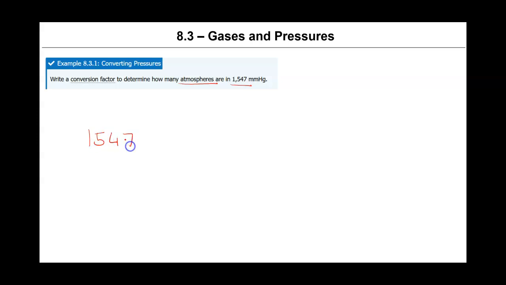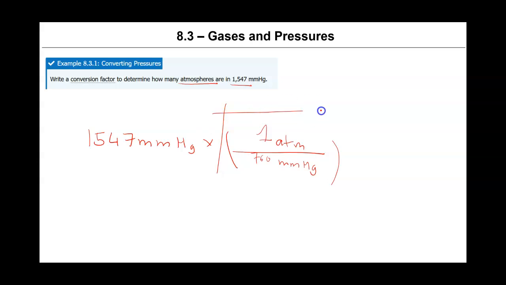So 1,547 millimeters of mercury, and we're going to need to multiply by a conversion factor that has atmospheres on the top row and millimeters of mercury on the bottom. And what I know is that in 1 atmosphere there are 760 millimeters of mercury, and so there is our conversion factor.